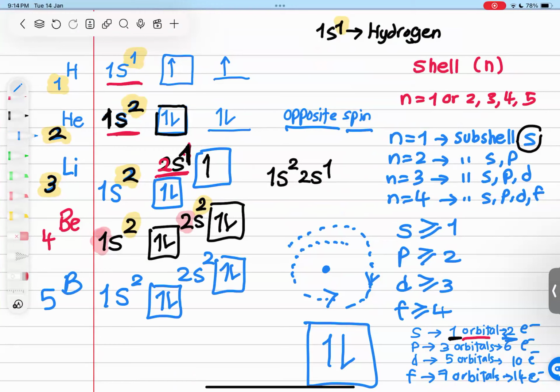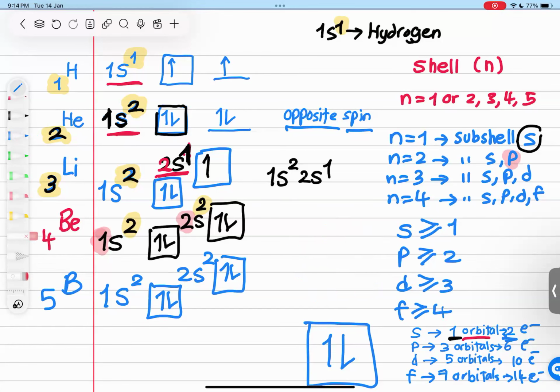Okay, 3s1 is a good idea if I have only s subshell in the second energy level. But actually, I have something other than s, which is p. So I have to go and fill p first before I try to look at the next energy level.